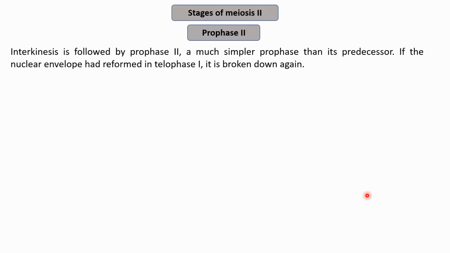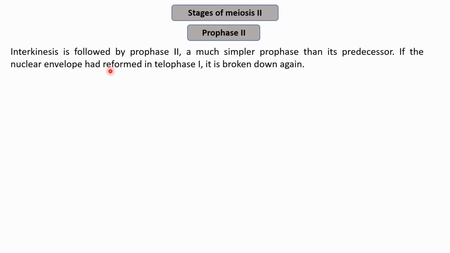After this, we have the different stages of meiosis 2, which are also kind of similar. The first stage is prophase 2. The gap between the two divisions is known as interkinesis, which is then followed by prophase 2, which is quite simple compared to prophase 1.